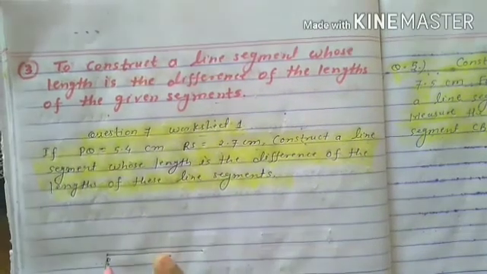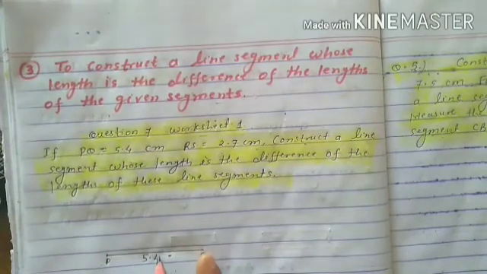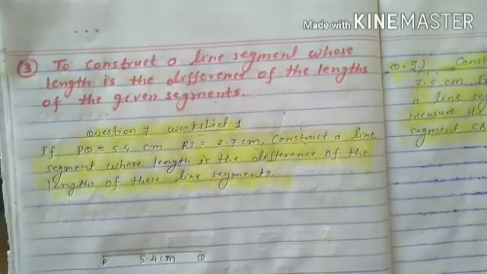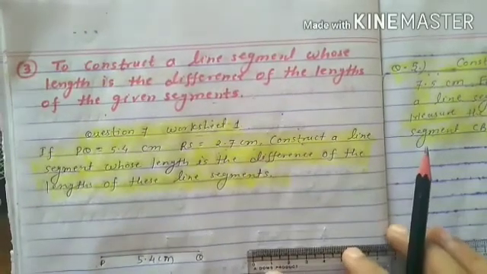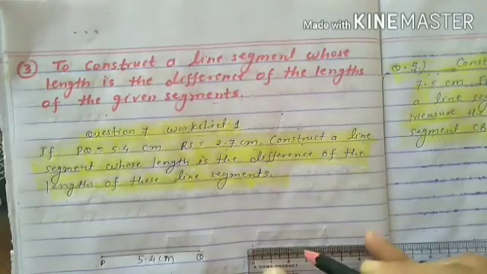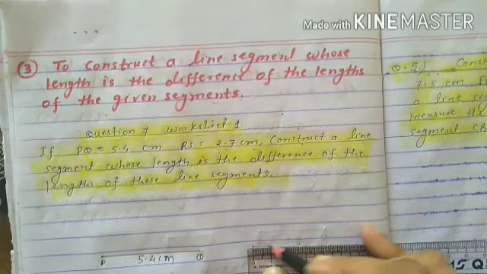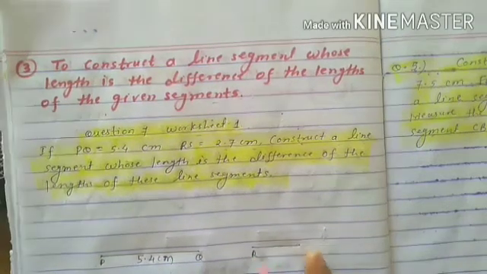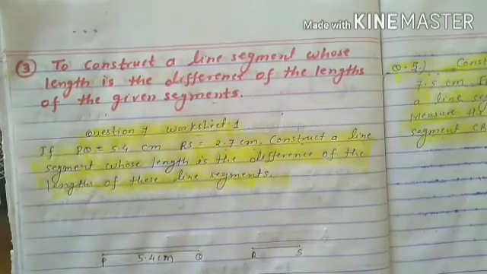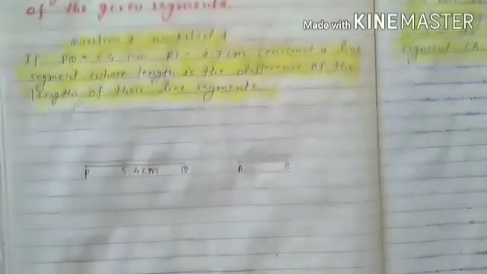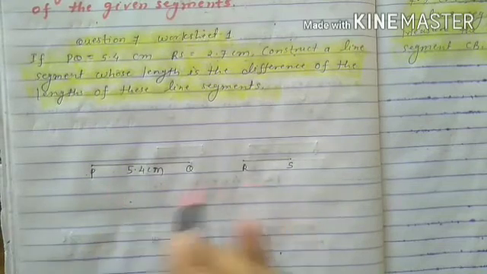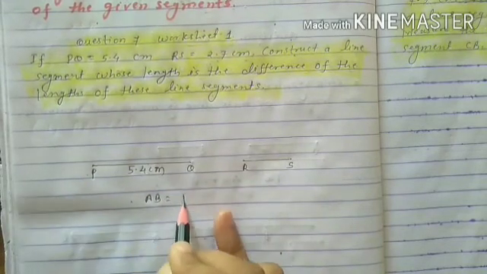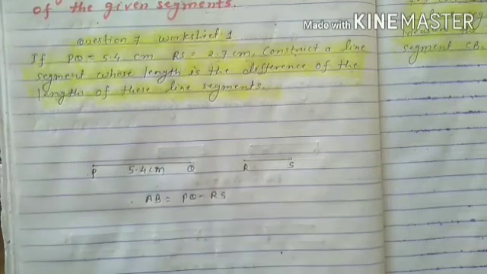So this PQ is equal to 5.4 centimeter and RS is equal to 2.7 centimeter, 2.5, 2.6, 2.7. Give it the name RS. Now we have to construct PQ minus RS. So let us construct AB equal to PQ minus RS.